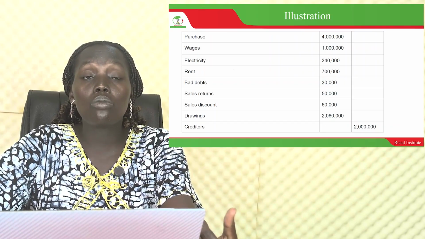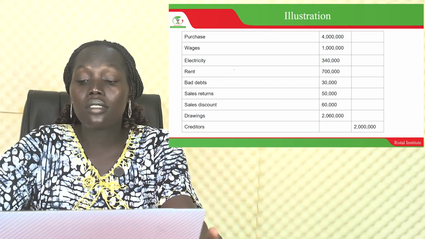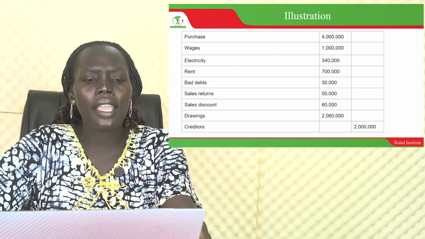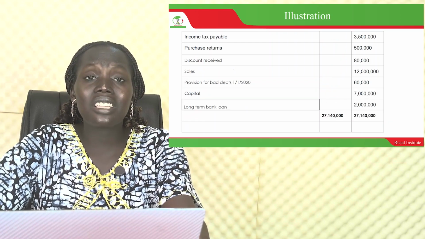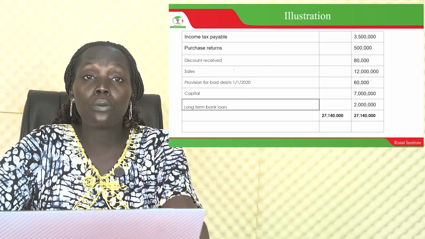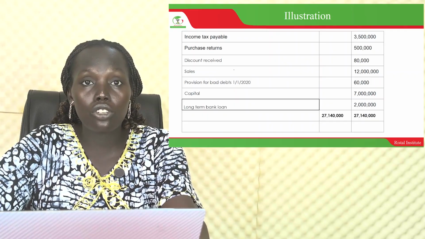So your assets should be equal to your liabilities when you add your shareholders' equity. In this illustration they've not given us shareholders' equity. However, they've given us capital, and also some drawings.